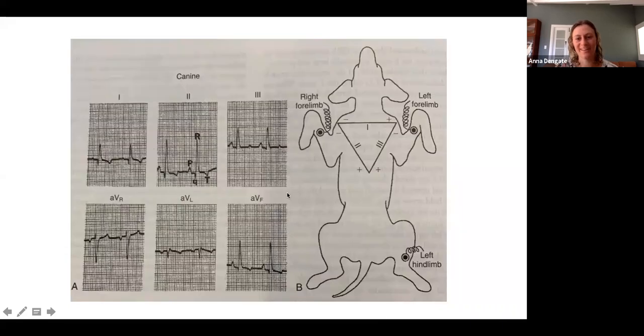If that's the case, which lead, either 2 measuring that way or 3 measuring that way, is going to have a taller QRS complex?